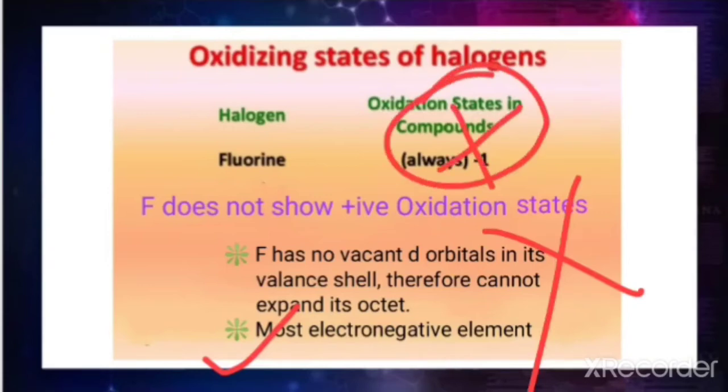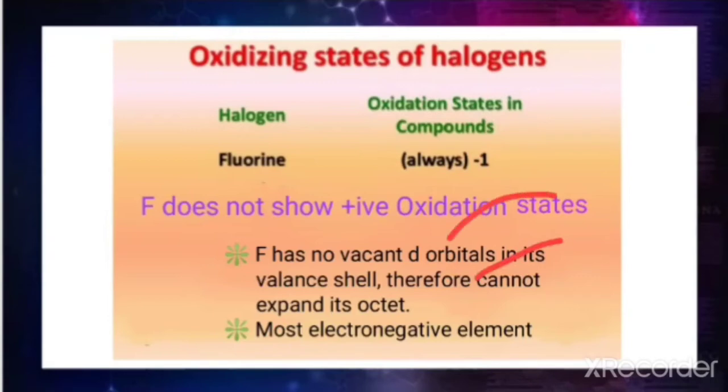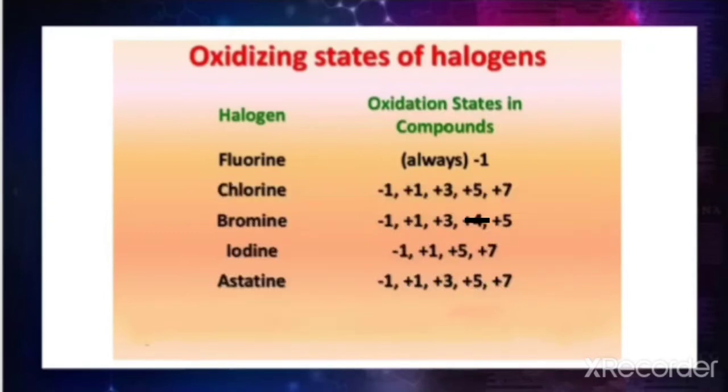It always forms negative oxidation state. So whenever it combines with any other elements, it always forms -1 oxidation state. But the other members of the same group can form positive oxidation states like +1, +3, +5 and +7.